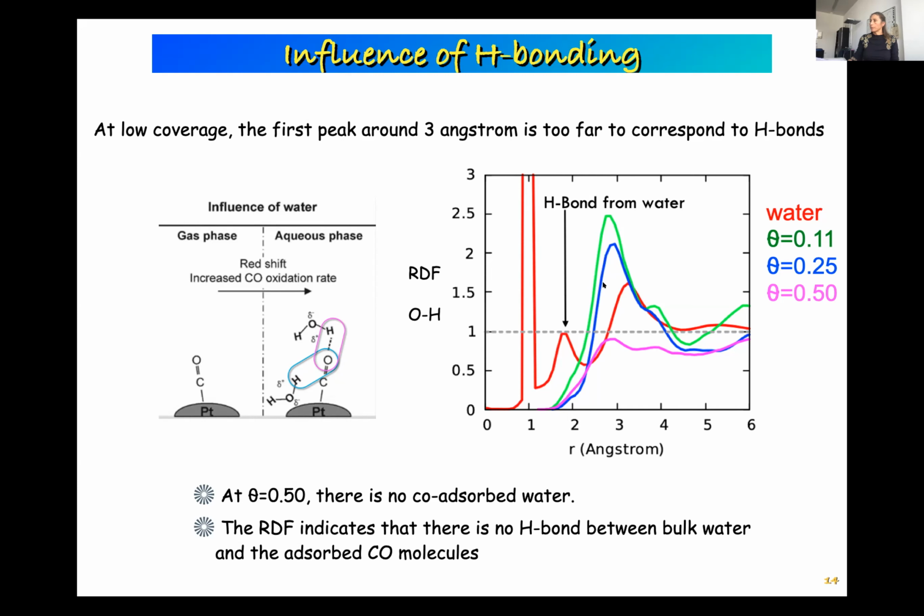Here you see the two hydrogens of the co-adsorbed molecule, in the first peak, and in the second part, and there is no hydrogen that is hydrogen bonded here at this distance.